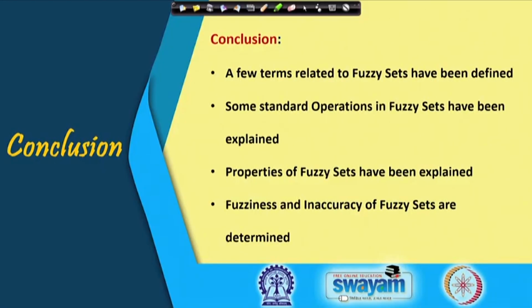We have mentioned that out of the 10 properties of crisp sets, the first 8 are followed by fuzzy sets, but the last 2 are not. And at the end we have defined mathematically how to determine the fuzziness of a fuzzy set and the inaccuracy of a fuzzy set with respect to another fuzzy set.